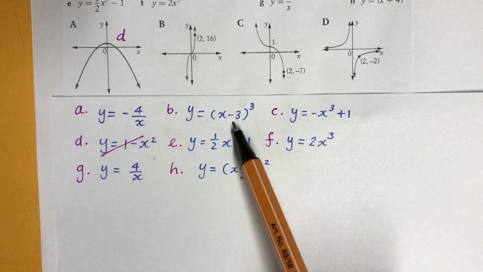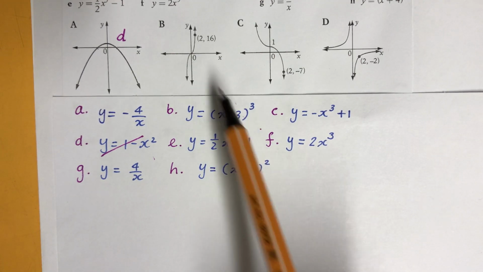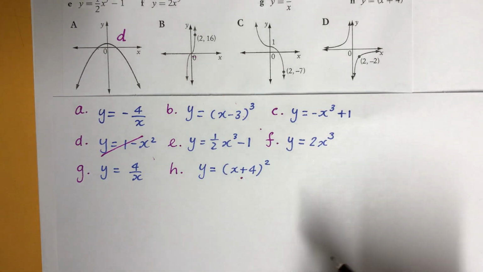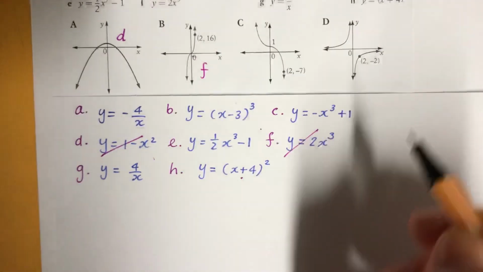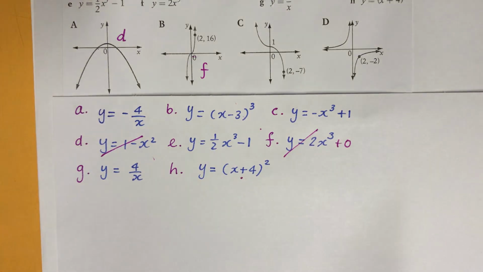And this one, it's actually moved to the right by 3, because x minus 3. So it hasn't really moved. It was at 0, 0 in the center. So I will call that this one, F, because that's probably like plus 0, which didn't go up or down.